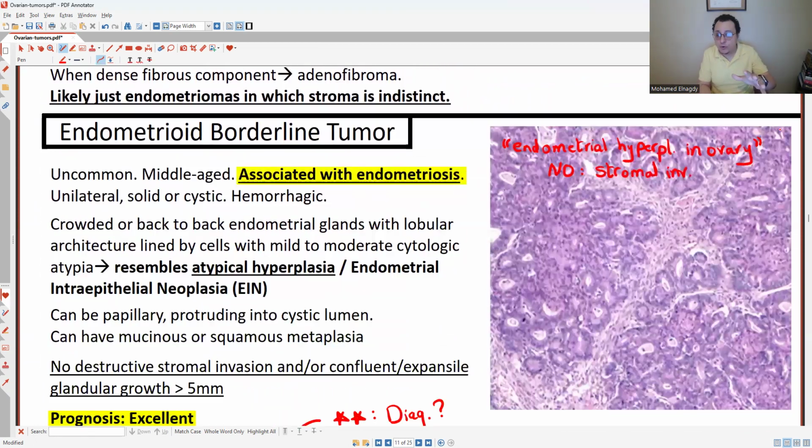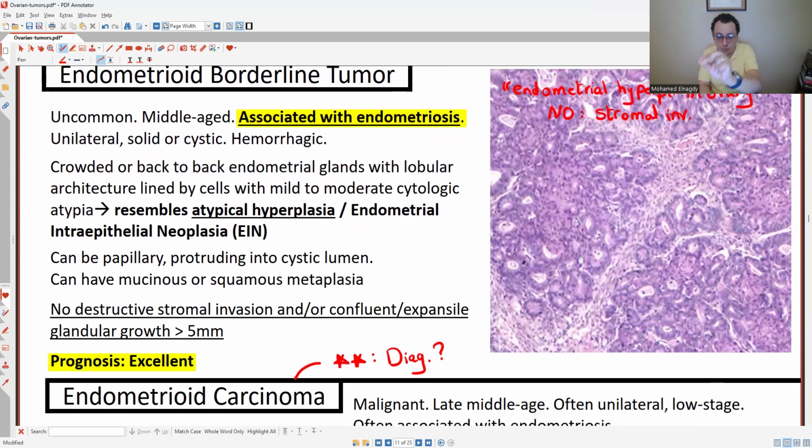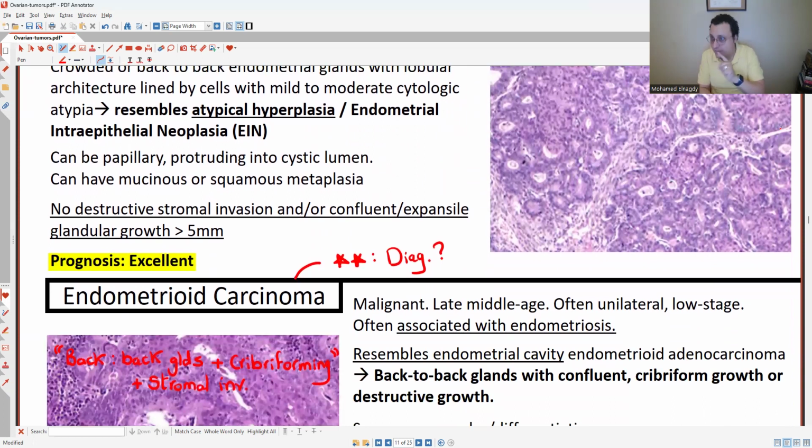The most important thing that I need you to know is endometroid borderline tumor and endometroid carcinoma. And just letting you know, the boardable entity is endometroid carcinoma.